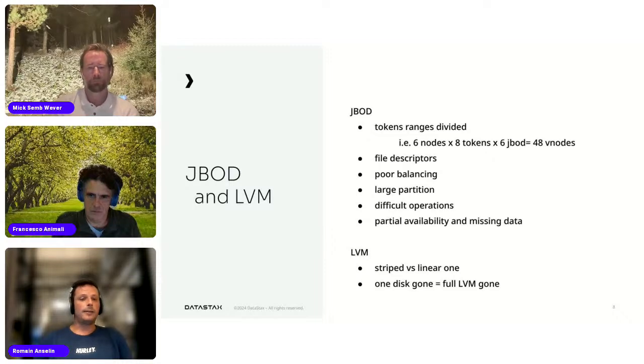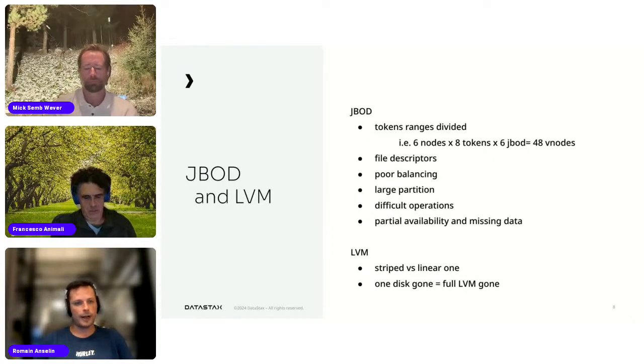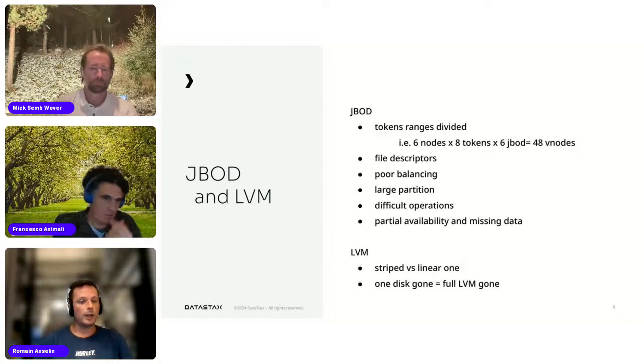You will hit the no files limit of your kernel if you haven't implemented the best practices. The default kernel no files limit is generally 100,000. Rest assured that if you write a lot in your environment, you will blow that number up at some point with a JBOD implementation, because as I said, it acts as a direct multiplier on the number of file descriptors you have to connect to the SS tables.